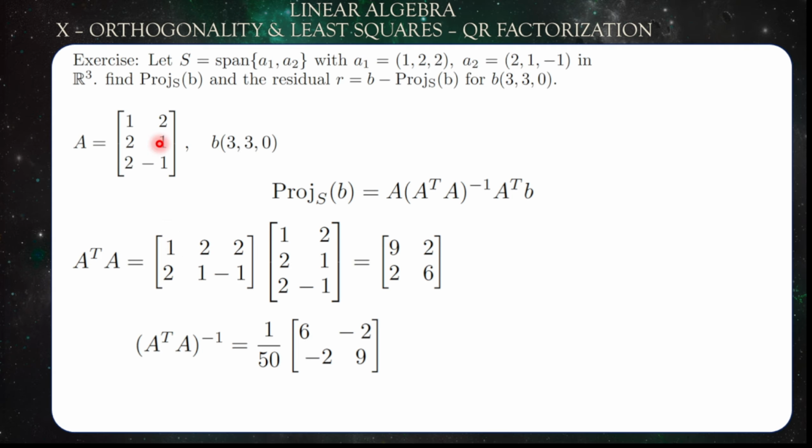You have 1, 2, 2 here, and 2, 1, -1. You multiply them together, you get a matrix of 2 rows and 2 columns, which is [9, 2; 2, 6].